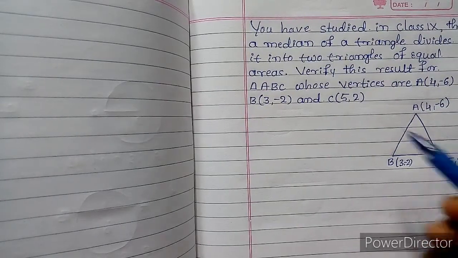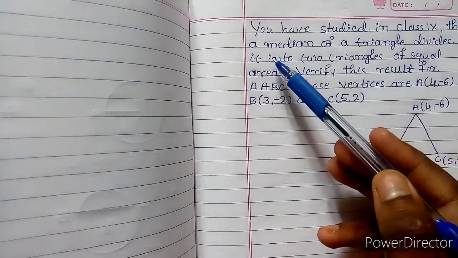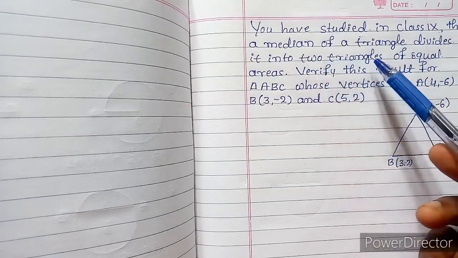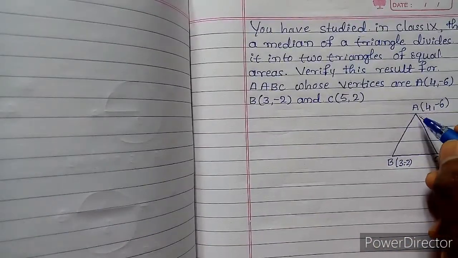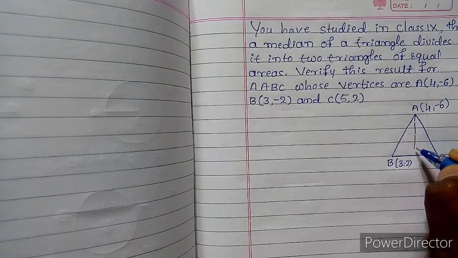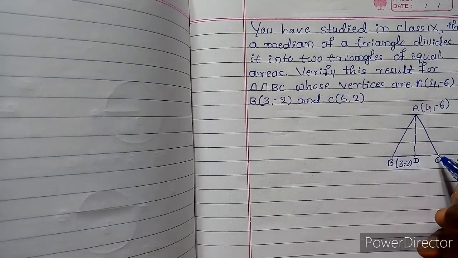But here they told, you have studied in class ninth that a median of a triangle divides it into two triangles. Here we have to draw the median of the triangle. AD is perpendicular to BC.